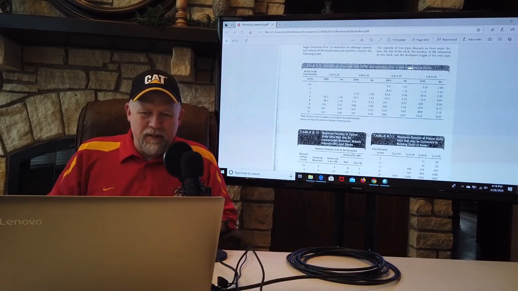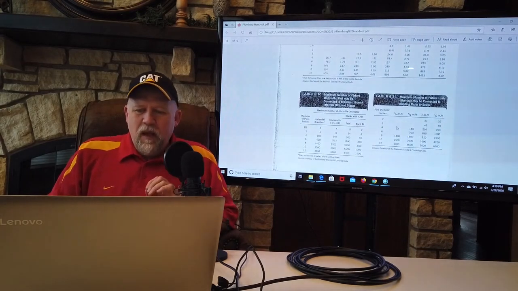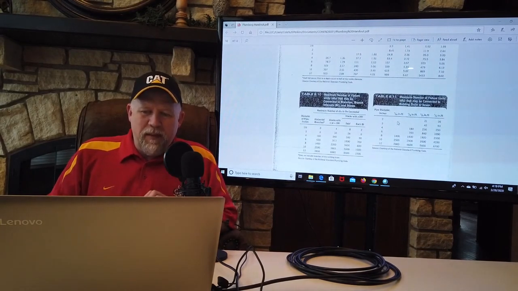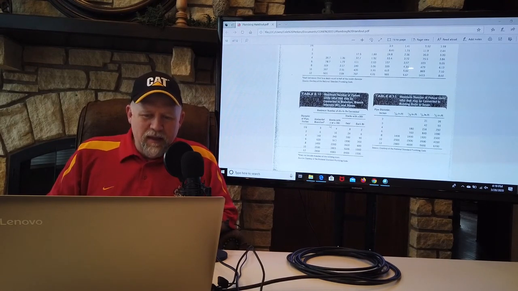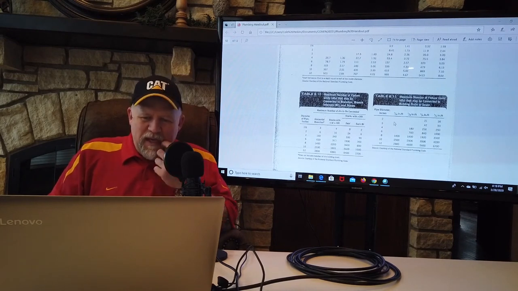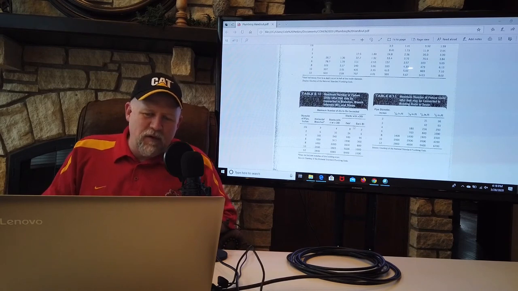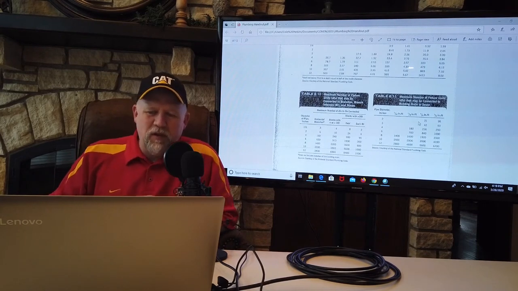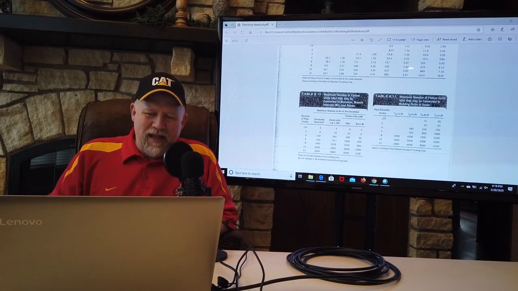Table 8.11, not table 8.10. The maximum number of fixture units that may be connected to a building drain or building sewer. I don't want you looking at the horizontal one or table 8.10 because it differentiates between stacks, which are vertical, and horizontal branches. I want you looking at table 8.11, which gives you the pipe diameter, and that's along the left.